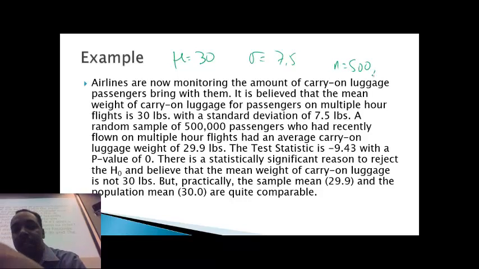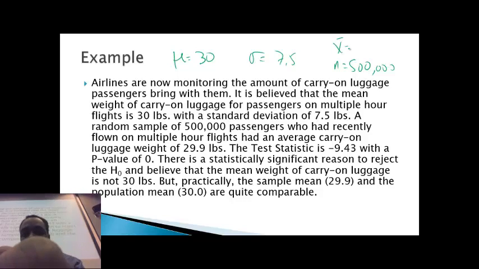Was that big enough or what? 500,000 people, the sample average is 29.9. The test statistic is negative 9.43 with a p-value of 0.